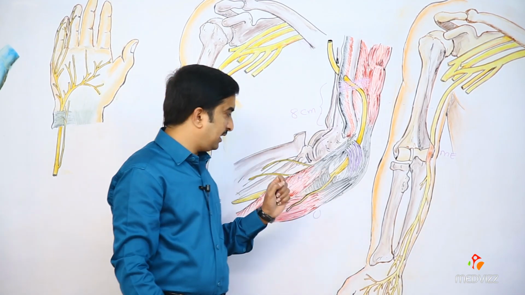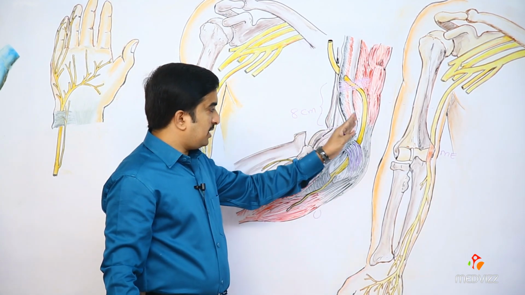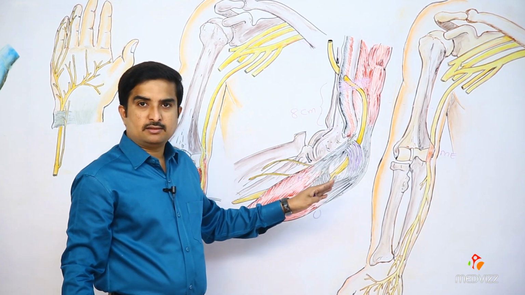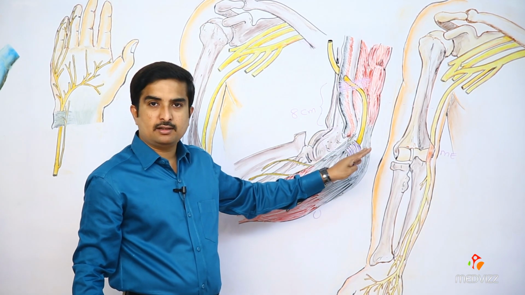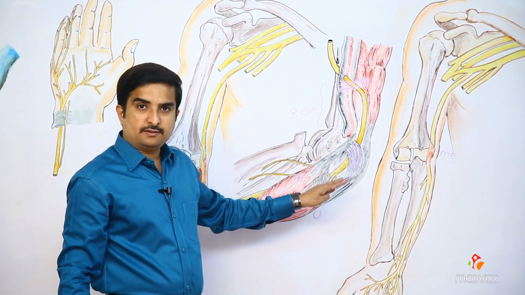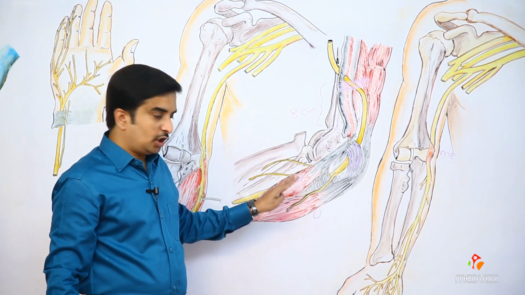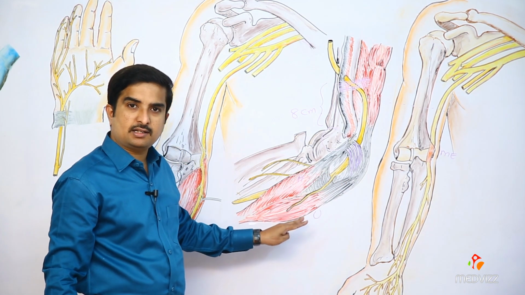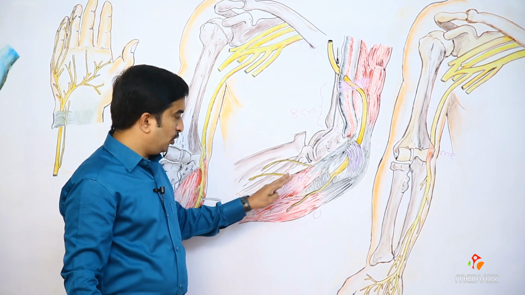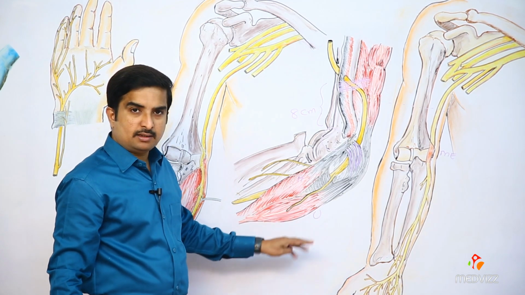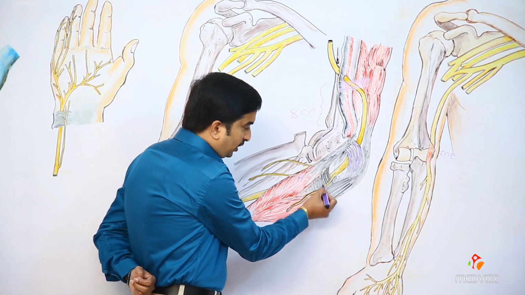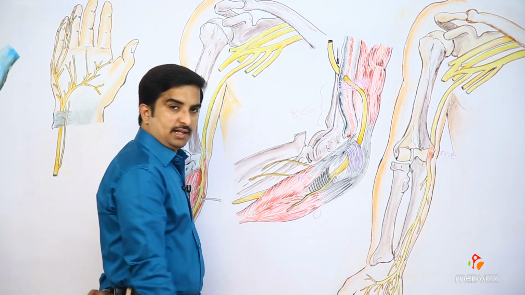So listen carefully here. It enters the cubital tunnel behind the medial epicondyle. From there, the nerve passes between the two heads of flexor carpi ulnaris. The two heads are the humeral head and the ulnar head, but as you can see, the aponeurotic fibers are connecting both the heads.